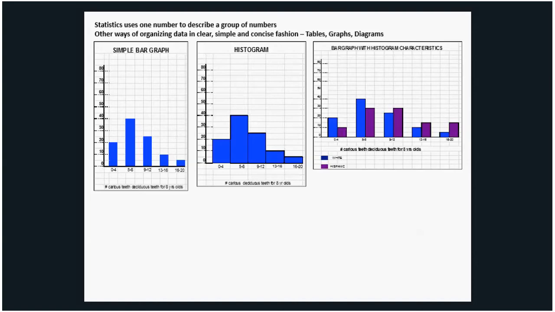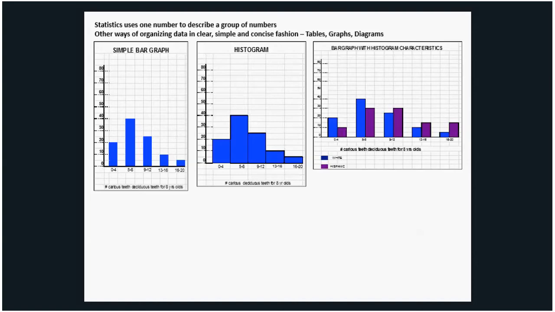If you're looking at the number of caries teeth, but you want to divide your group into, say, ethnic groups, so that you're comparing two groups but looking at the same thing, you can see here the blue bar designates white, and the maroon designates Hispanic. So we're looking at two ethnic groups, and we're able to compare very easily in terms of the caries rate.